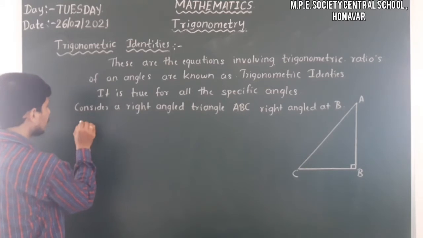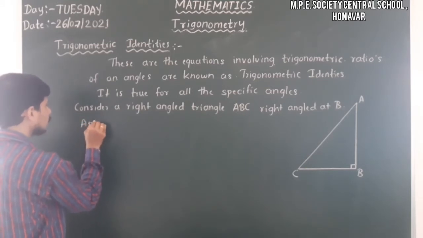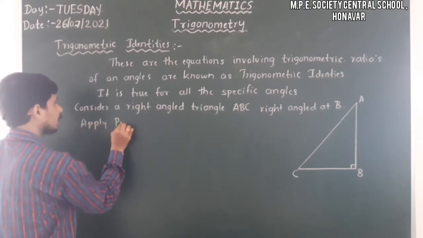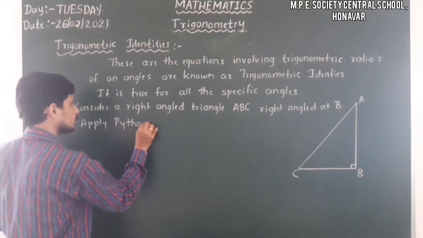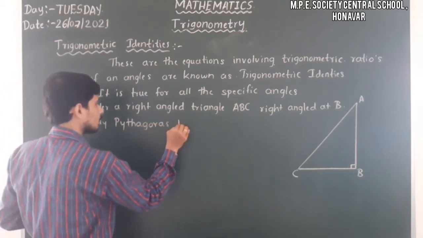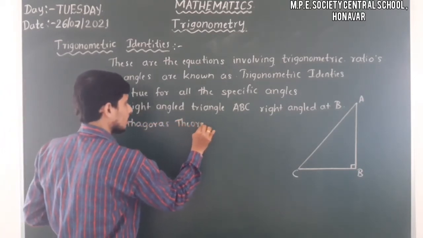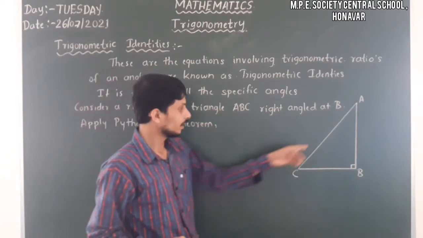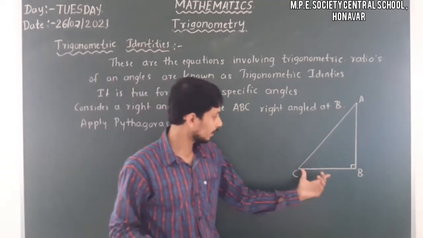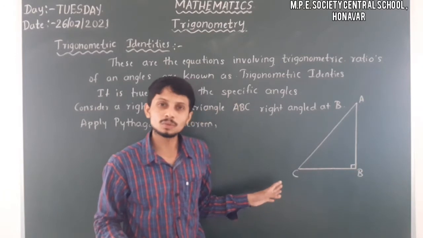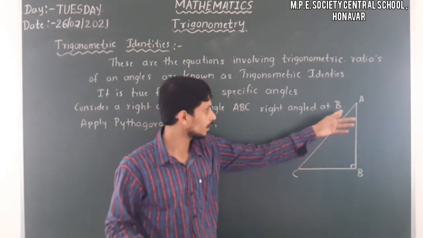Apply the Pythagoras theorem. Here AC is the longest side, and BC and AB are the two shorter sides compared to AC.